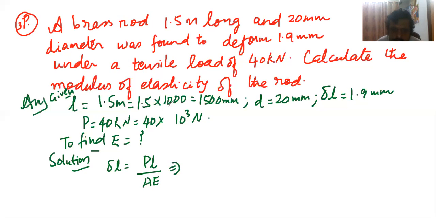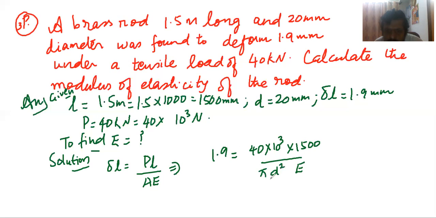So this will be delta L is 1.9 equals capital P is 40 into 10 power 3 into L is 1500 by area into capital E. Area is pi d square by 4, because the area is a circular cross section. So capital A you can write directly pi d square by 4. So that will be pi by 4 into 20 square.